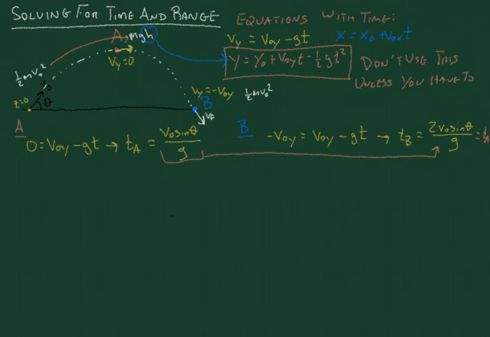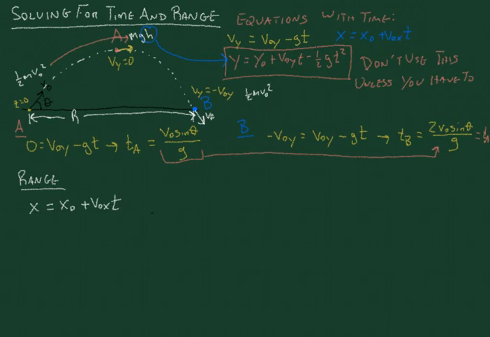Okay? But now let's look at what this tells us about the distance that this has traveled. We often call this distance in the x direction, and we'll label it with r, we often call it the range. And to see how we find the range, we look at our x equation of motion. So we say that x is equal to x0 plus v0x t.